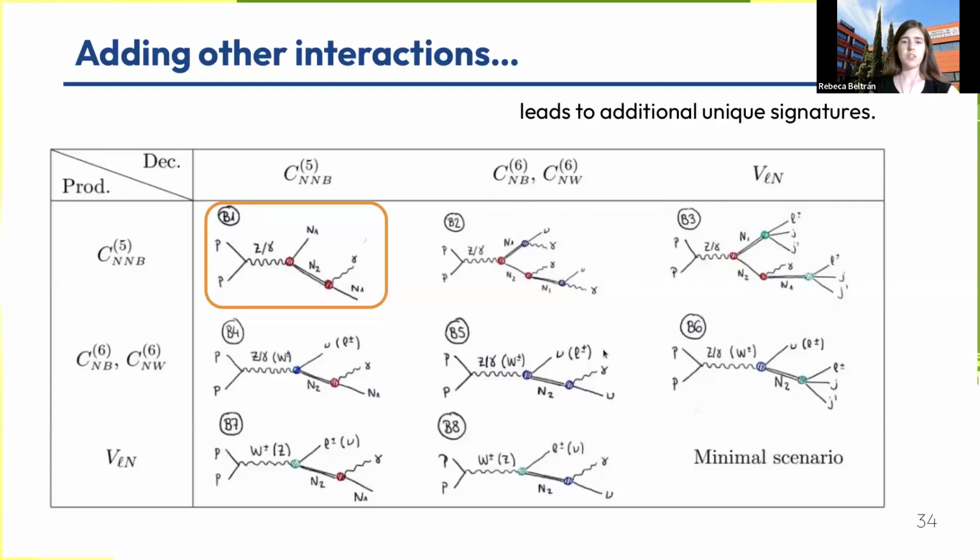Analogously, other interesting signatures appear in the remaining scenarios, and it is worth exploring the capabilities of the LHC for probing all of them. In our work, we comment on this in detail and also study numerically this second and third scenario.